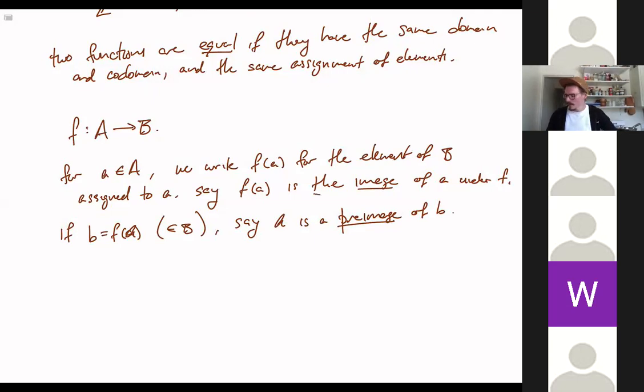So notice I'm saying the image because there is always exactly one, and a preimage because there is not always one. So we have an element of A. It has exactly one image.